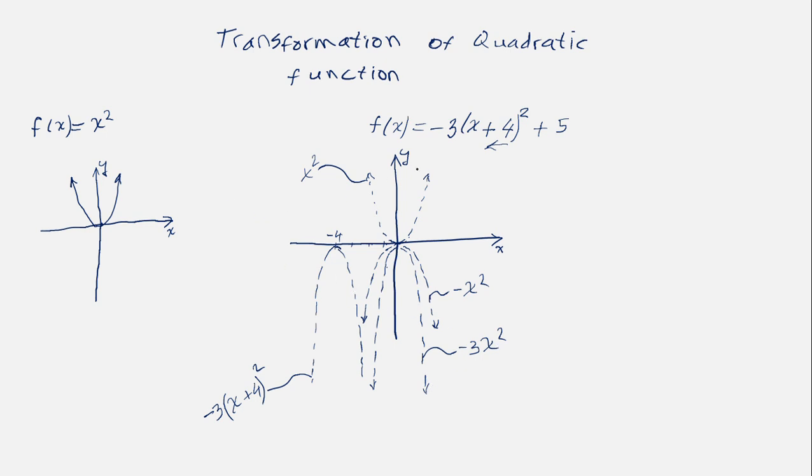And then now we have this 5 added to all of it. So this function here gets the 5 added on top of it. That means it is going to go up 5 units, so 1, 2, 3, 4, 5 units. So it's going to be here, and now I'll make a solid line because we're actually done.